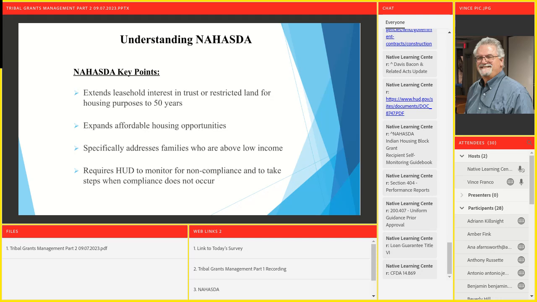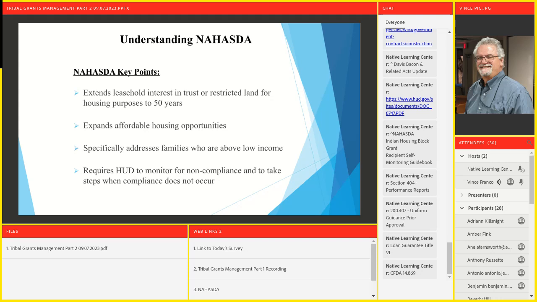Then we also have the issue of audits, right? If you're receiving more than $750,000 a year in federal funds, you fall into the category of what's called a single audit. Single audit, two words. It's an audit specifically for government fund recipients like IHBGs that receive more than $750,000 per award year.